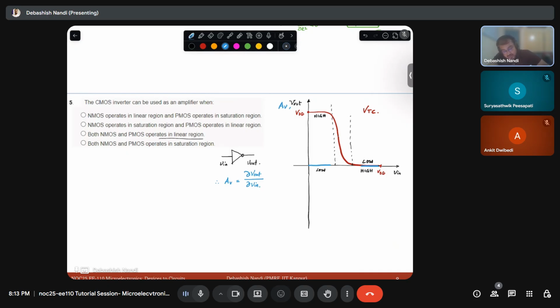In this region it will be 0, right? And at this point it will have the highest slope. So this is your AV. Is that clear?